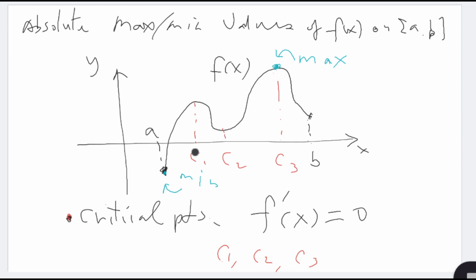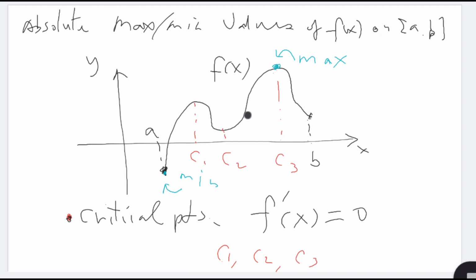So at C1, C2, C3, those values are what I call the values of interest, because here, for example, this value is smaller than all the values around it, close to it. So there's a chance this could be a minimum value.